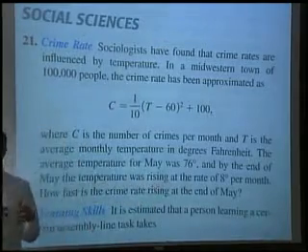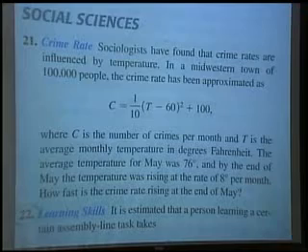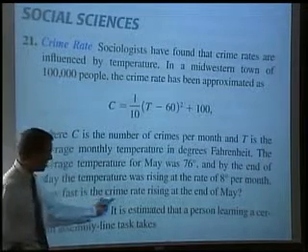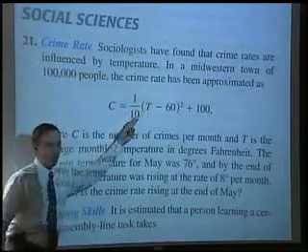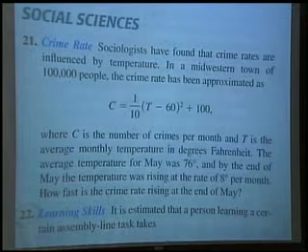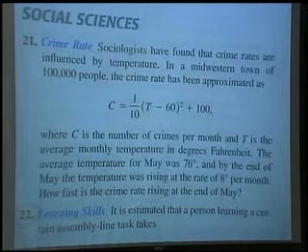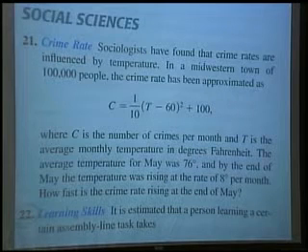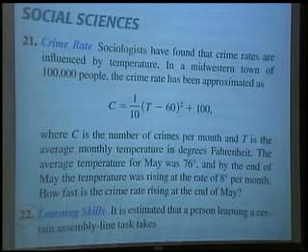It doesn't say anything about, if the temperature changes, then tell me how the crime changes. Okay? So since it doesn't specifically say to relate to this other variable, we can pretty safely assume that time is really the independent variable. All right, so that's our clue on how we know that this question is supposed to be solved with time as our independent variable.